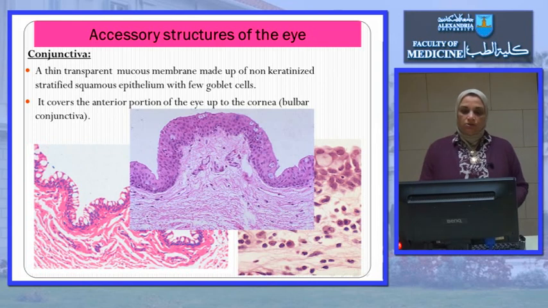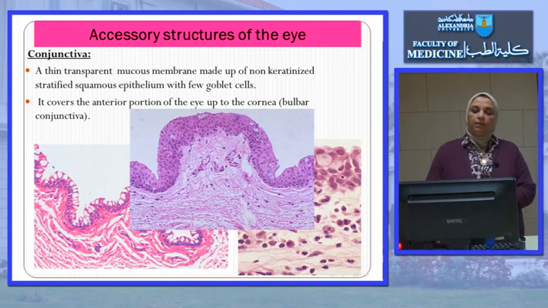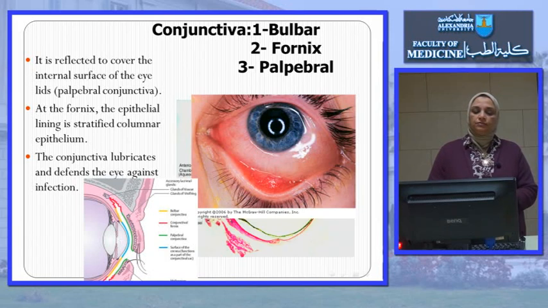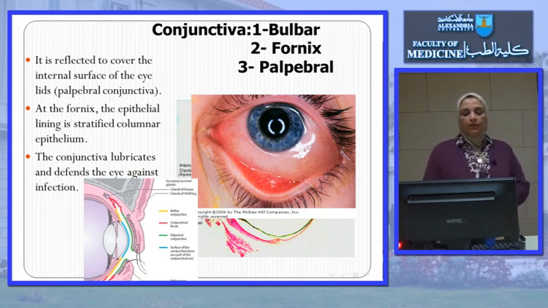You can see here, that's what I mean. This is the bulbar conjunctiva, which stops at the cornea. The conjunctiva doesn't cover the cornea. Here the lining is non-keratinized stratified squamous epithelium. While the part of the conjunctiva which lines the upper and lower eyelid from inside is called palpebral conjunctiva.